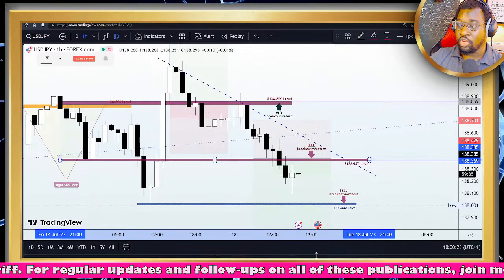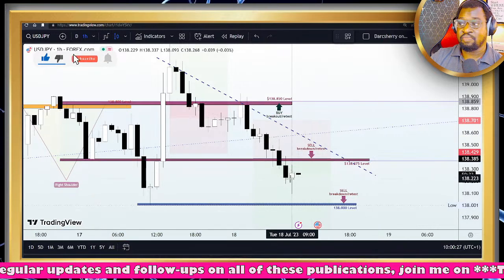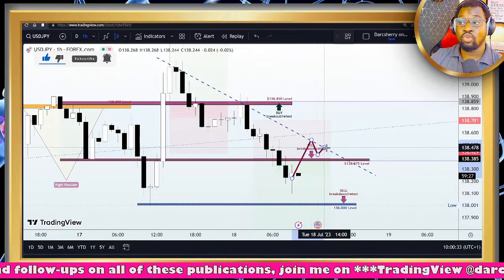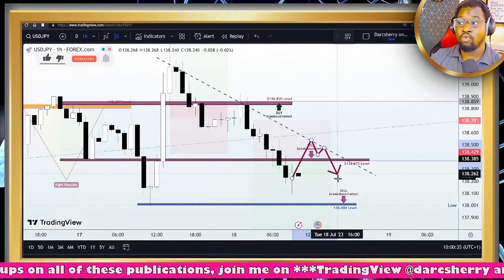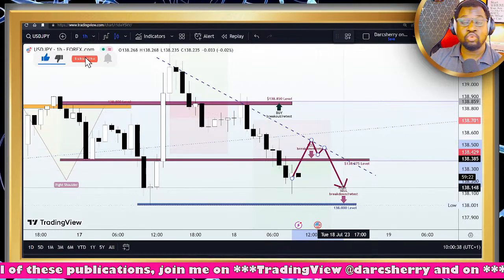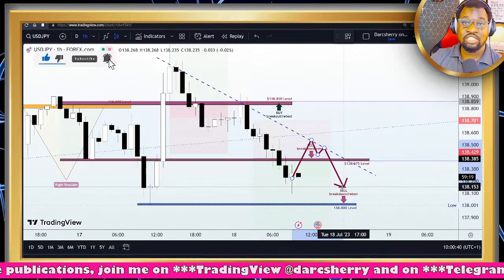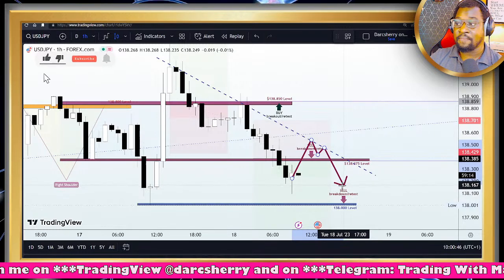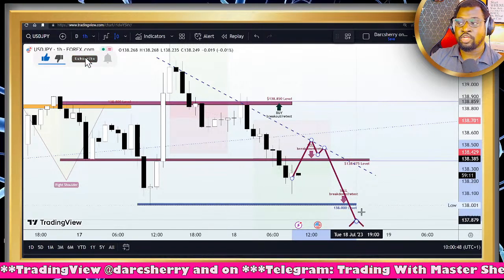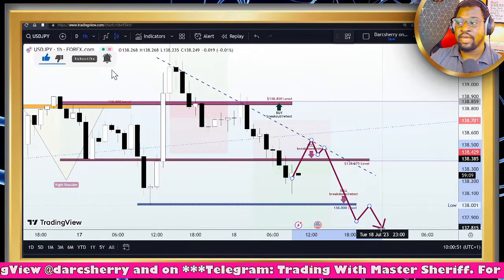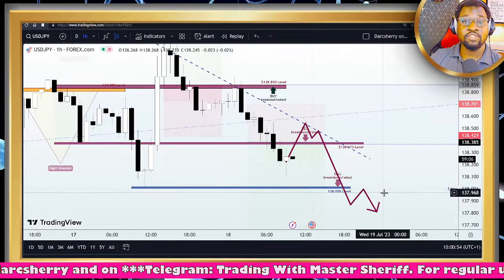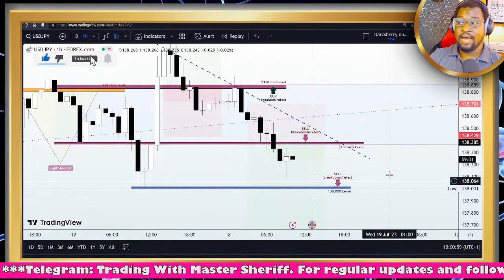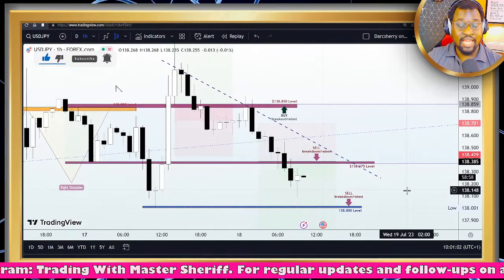We could still have a situation where price could retrace back into the trend line, and a continued selling pressure around that trend line will still give us that confidence that selling momentum will still come in. And then those who missed out on the sell position could take advantage of a sell move if price action comes back to retest that descending trend line. And we could have a further sell stop order below the 138.00 area to maximize the potential of this bearish move to the downside. So this is how we are going to be selling the USDJPY for today.